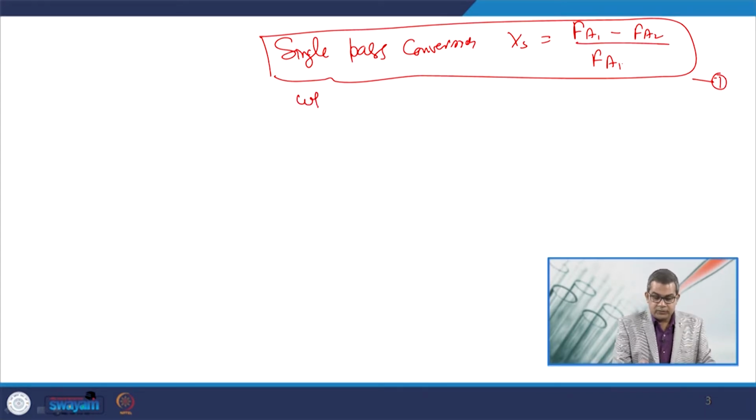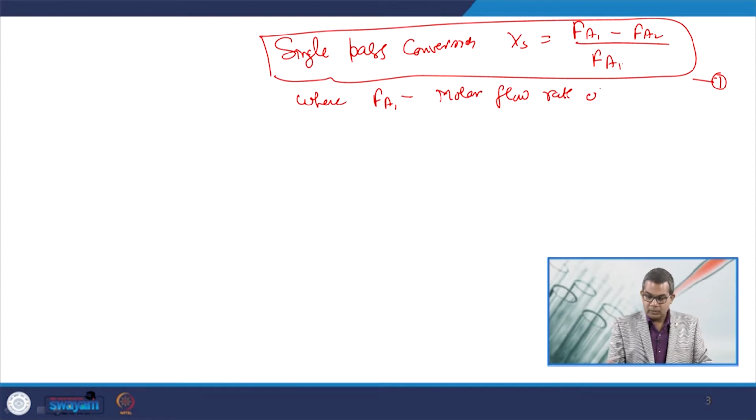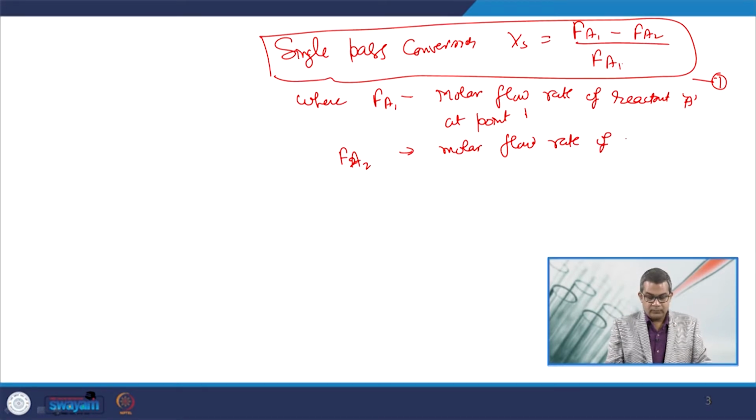Here FA1 is equal to the molar flow rate of reactant A at point 1, and FA2 is the molar flow rate of reactant A at point 2.